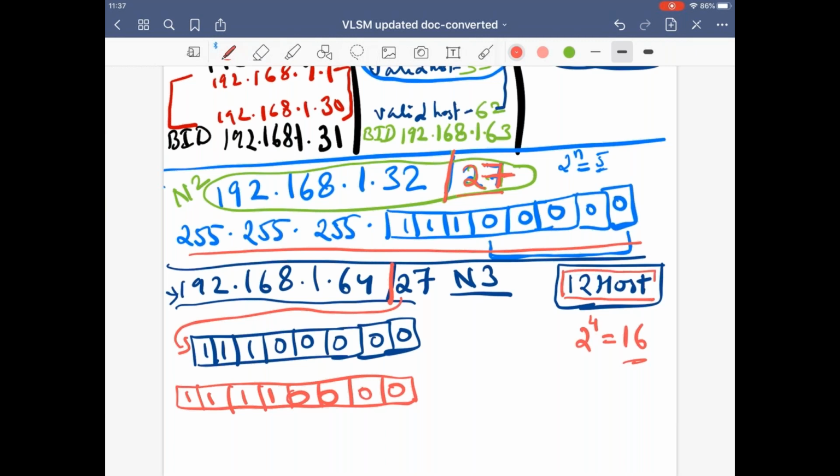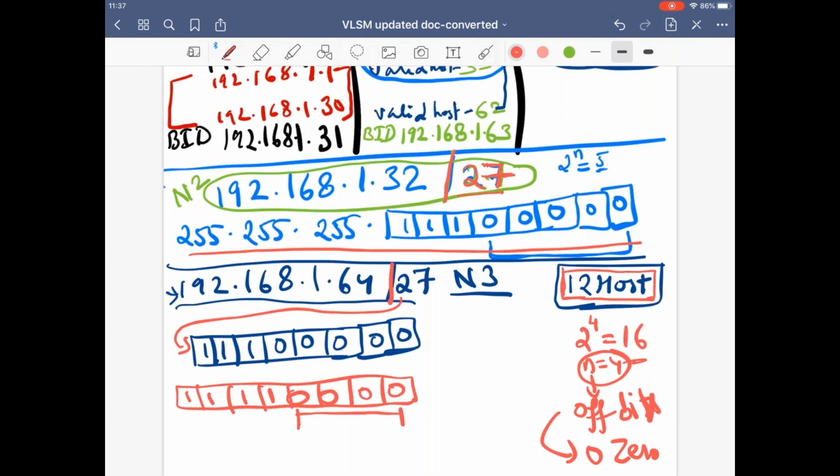So for 12 hosts, we need n equals 4. Here n means off bits, off bit means 0. So we need 4 host zeros and everything else is 1. Remaining bits are 1.